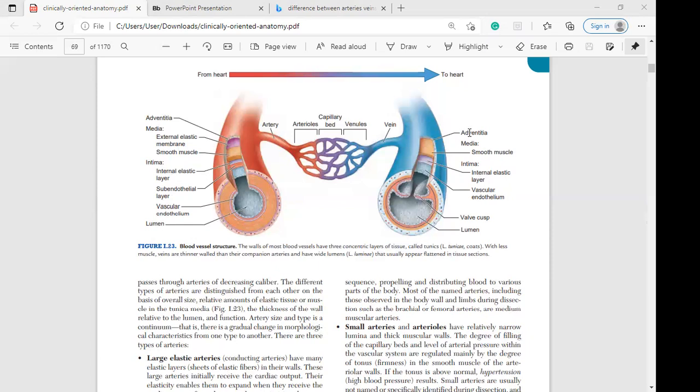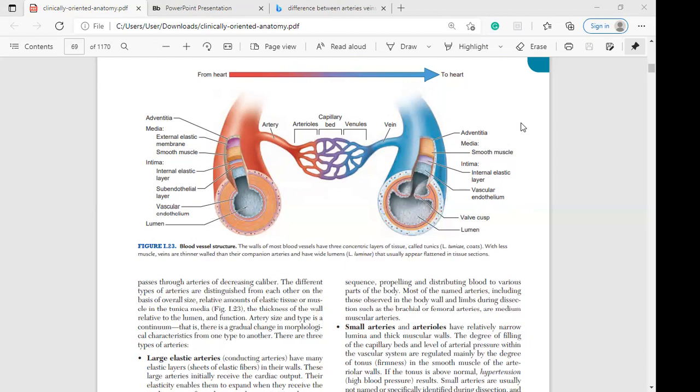So you now see why arteries are thicker than the veins. In terms of layers, the arteries have 3 tunics, but how many layers altogether? 1, 2, 3, 4, 5, 6 layers. But here you only have vascular endothelium, internal elastic membrane, smooth muscle, and adventitia.